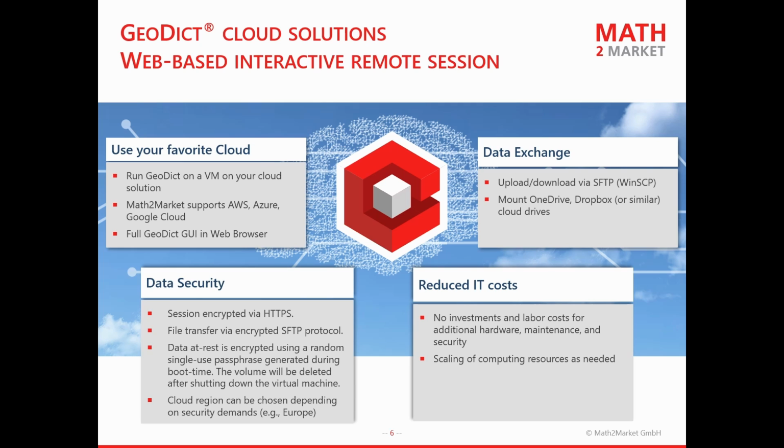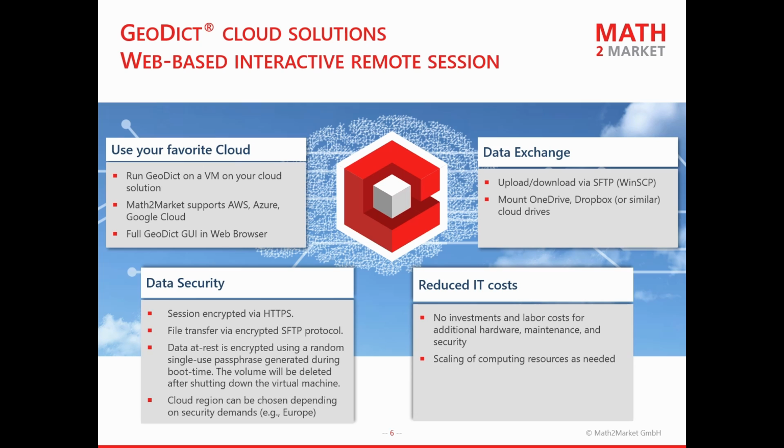In terms of data security, the session is encrypted via HTTPS, file transfer is encrypted via SFTP, and the ephemeral storage of the virtual machine is encrypted using a random single-use passphrase which is generated during boot time. Once the machine shuts down, this passphrase is forgotten. You can freely choose the cloud region where the instance is going to be started depending on your company's demands.